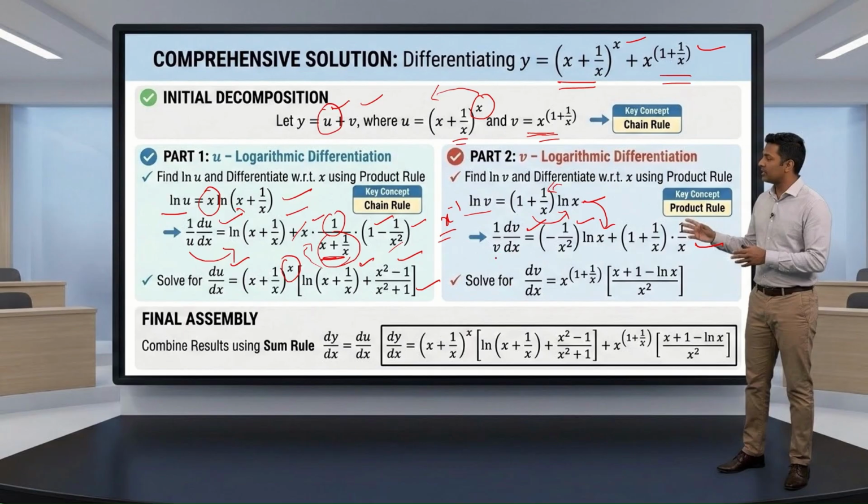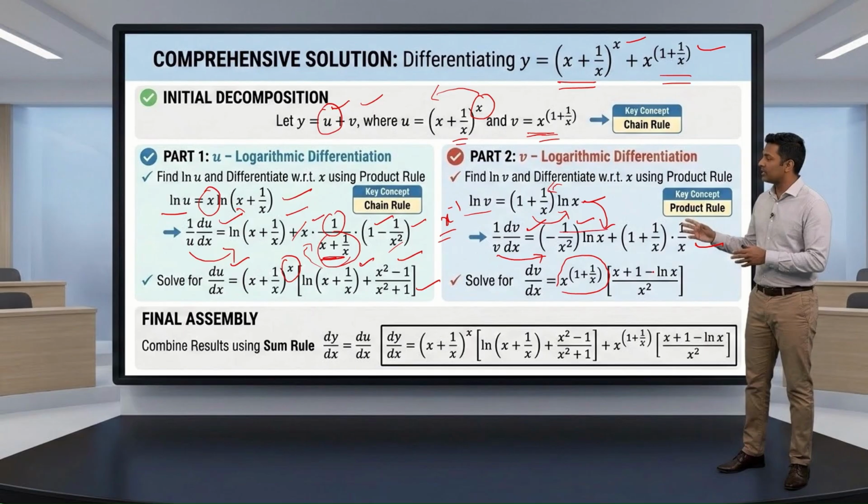Now I am sending the v to that side, and substituting the v value as x to the power of (1 plus 1 by x). Then x square is the LCM. Here what is left is log x minus log x.